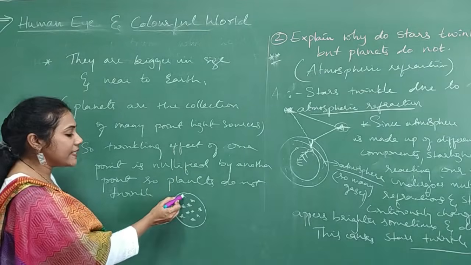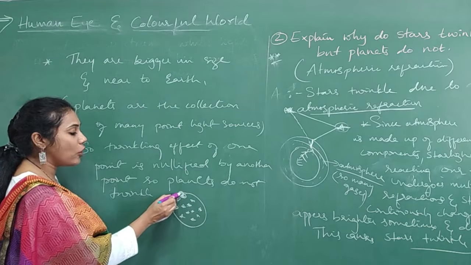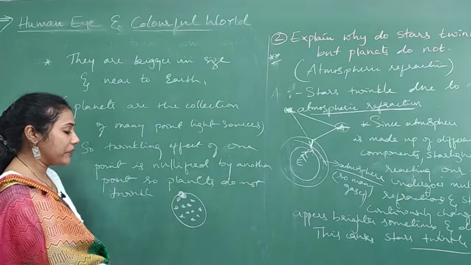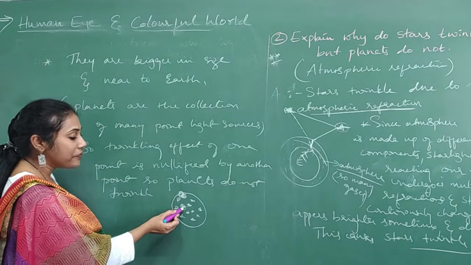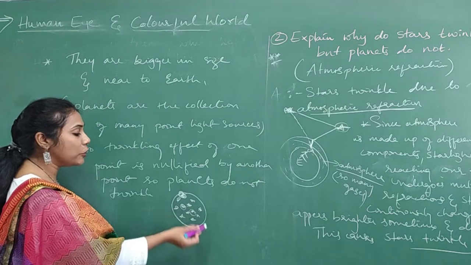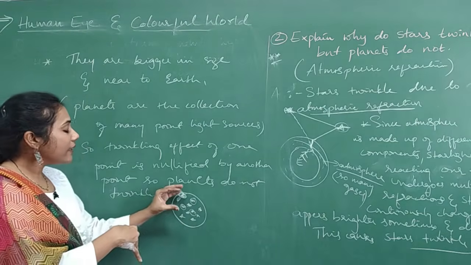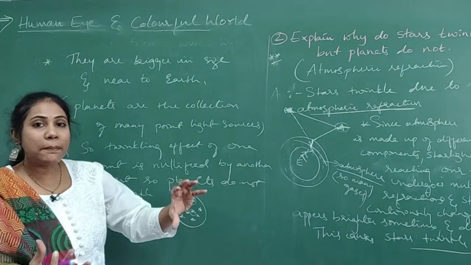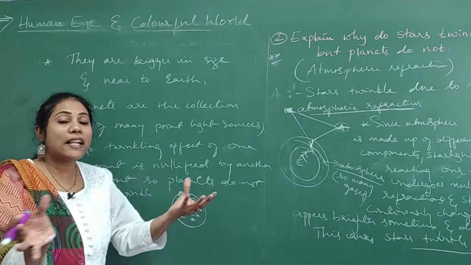Imagine this: in this particular thing, this particular star or point is brighter, right? At the same time another star would become dim, and the other star would become brighter while another becomes dimmer. Here one star is becoming brighter, and at the same time another point is becoming dim.